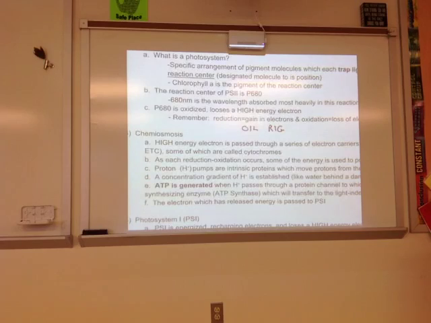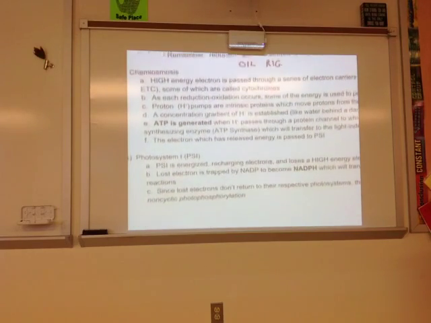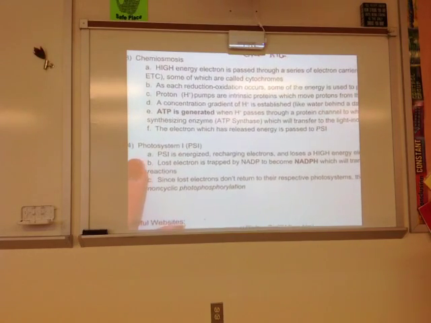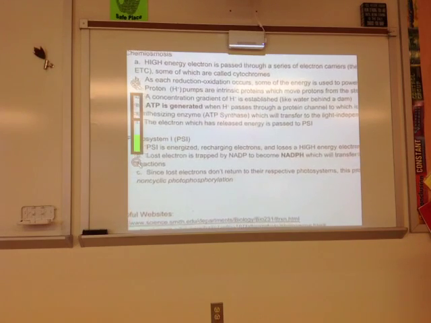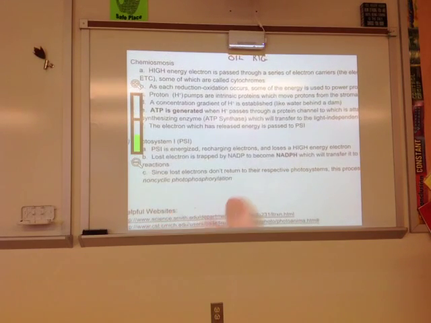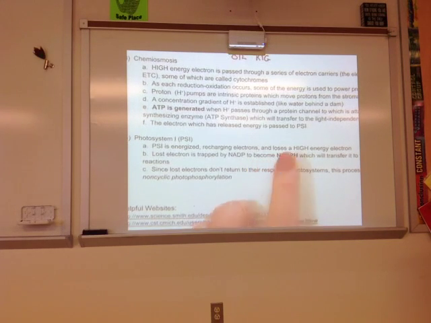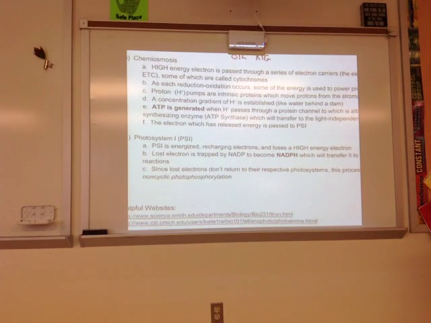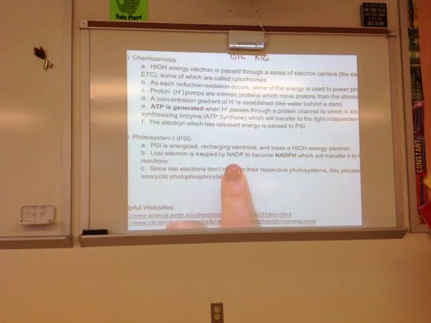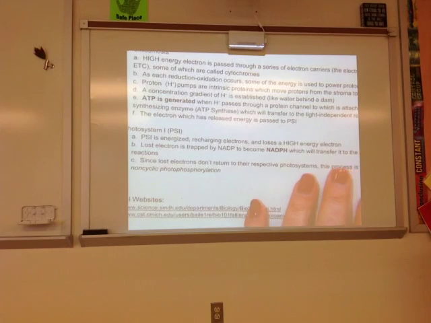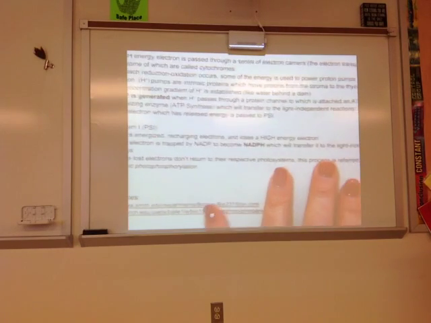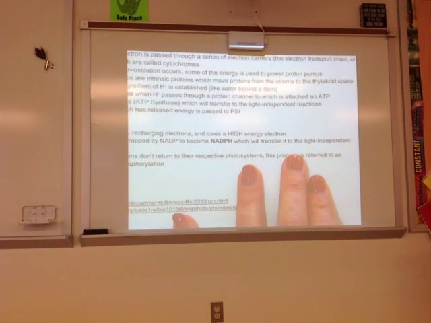And then in photosystem 1, it is also energized, and it loses the high-energy electron, because the electron is going to go to the NADP and become NADPH, so that the energy can then be transferred to the light-independent reactions.